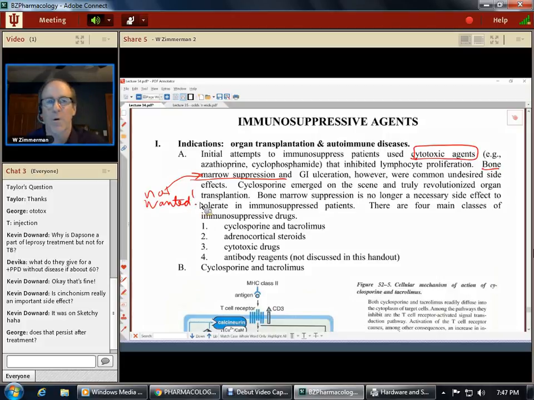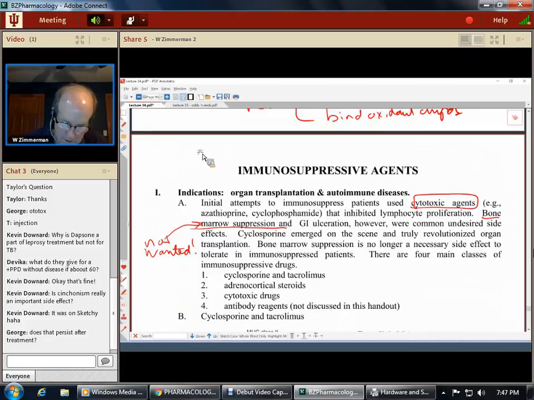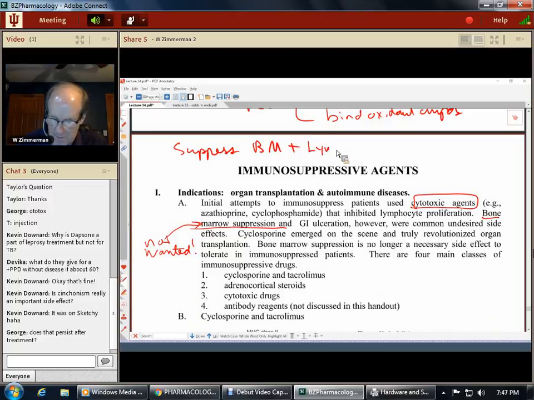You don't want the neutropenias. You want to suppress the lymphocytes. And when you suppress both the bone marrow and the lymphocytes, it leads to these infections.